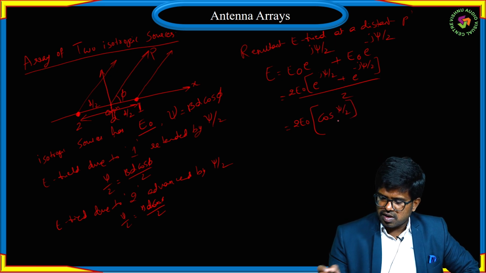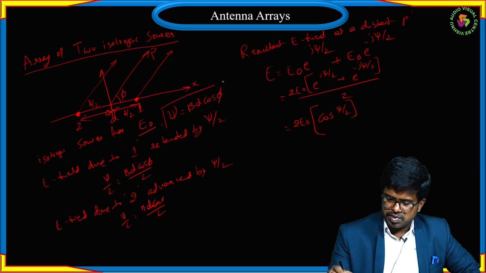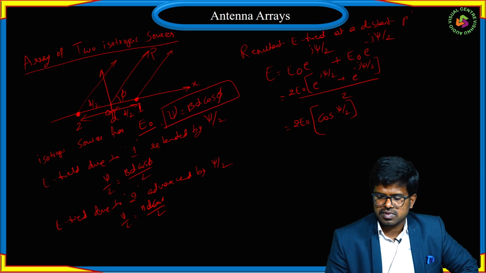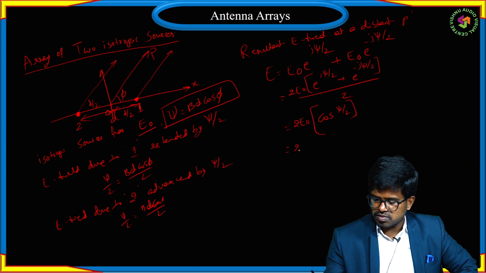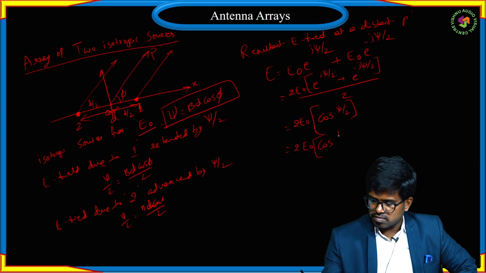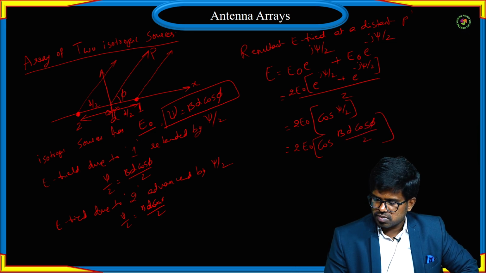Okay now. Here we know that ψ equals β d cos φ. So you can substitute that one: 2 E0 cos((β d cos φ)/2).